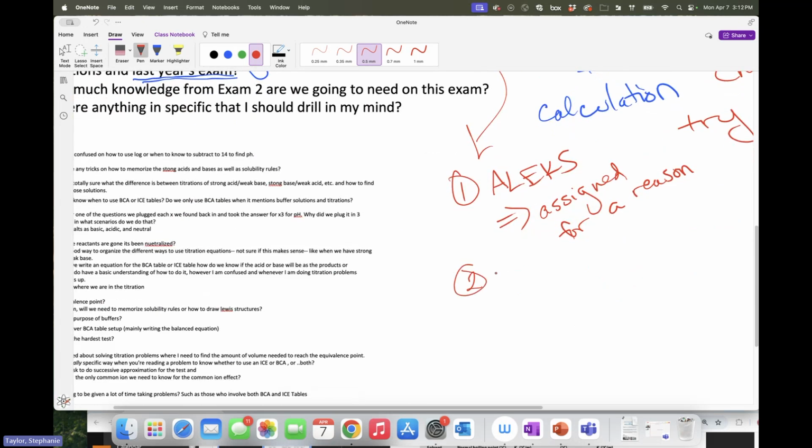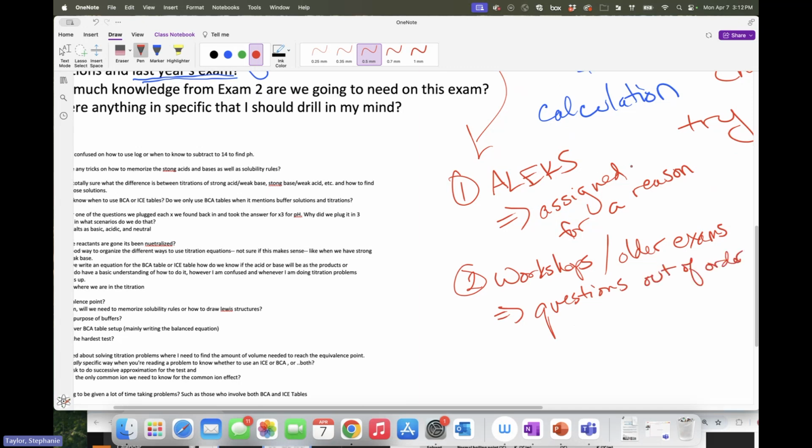Then the other thing is, don't forget things like workshops. You can also look for older exams, which comes with a caveat. What I like is having questions out of order. When you have an ALEKS question, it has a bar at the top that tells you what the topic is.